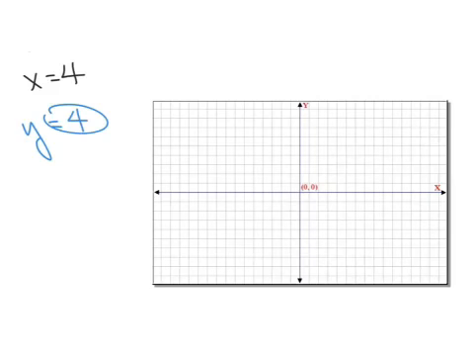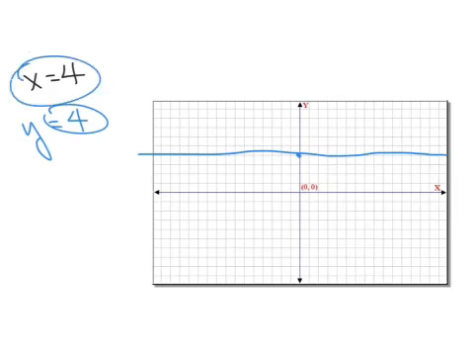Well, what does y mean? Y means we go up or down. So we go up 4, and then we draw a straight line across this way. So y equals 4, when we don't have an x, we gives a horizontal line. When x equals 4, and we don't have a y, we get a vertical line at that point. And that's pretty much all there is to it.